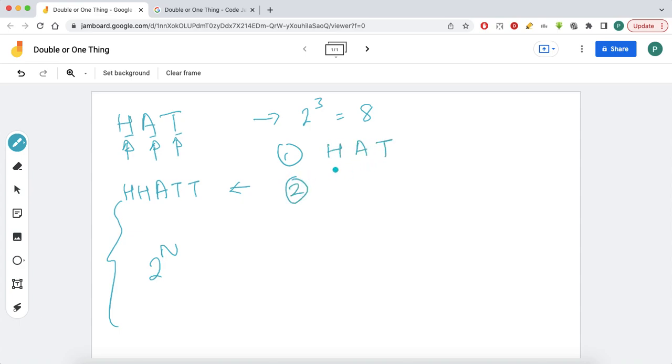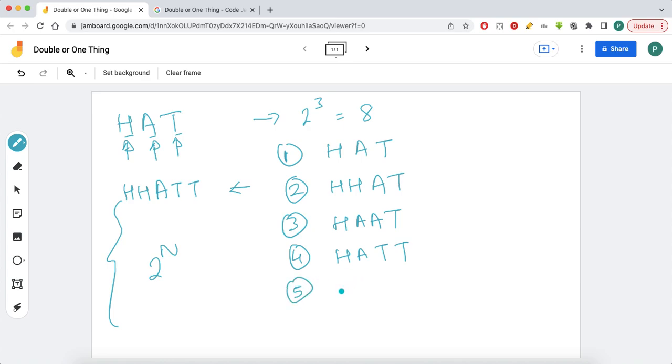HAT. Here we choose to not repeat any character in the first possible string. Let's say we choose to repeat H now. So that is HHAT. Let's say we choose to repeat A now. HAAT. Let's repeat T. HATT.